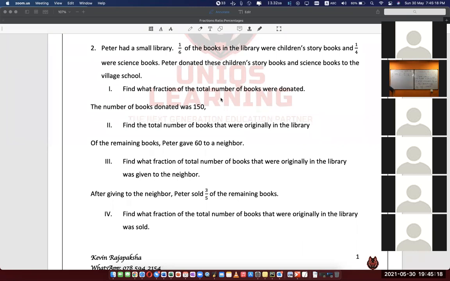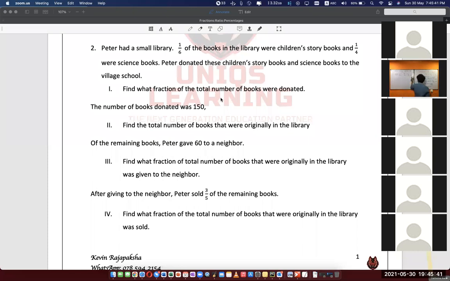Question number 2. The number of books donated was 150. Find the total number of books that were originally in the library. So basically, 5/12 of the books in the library were donated. Now they say the total number of books donated is 150.